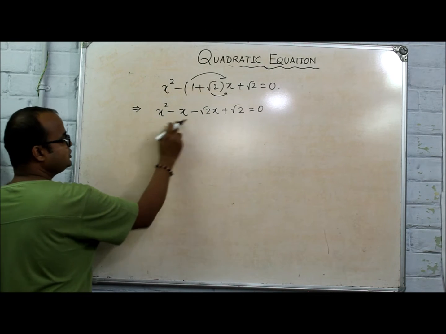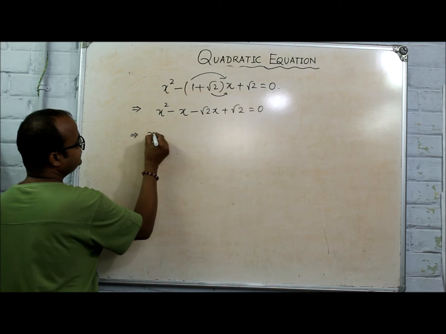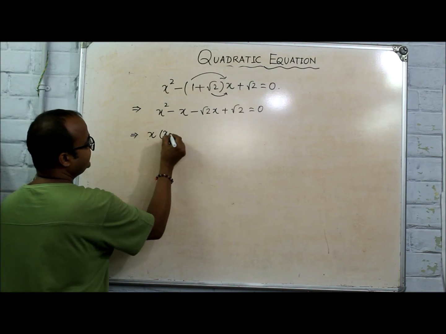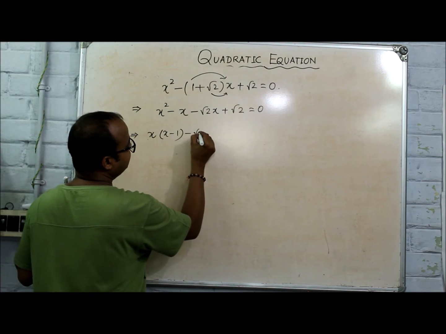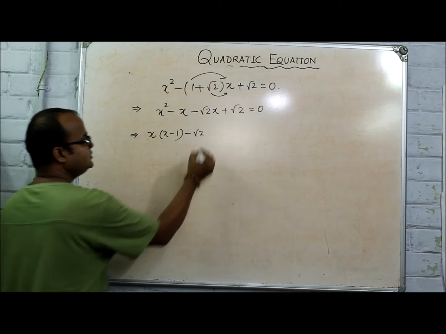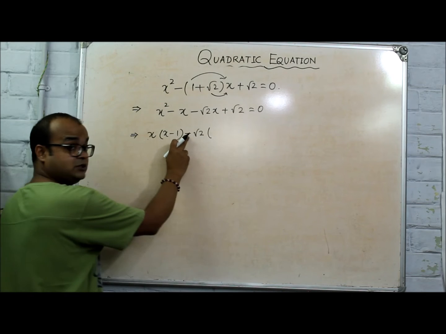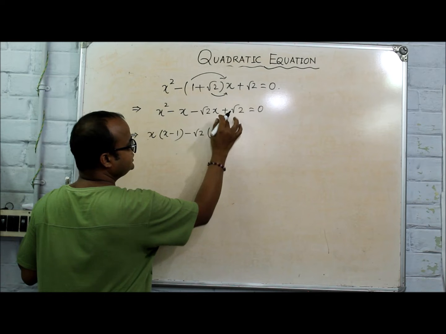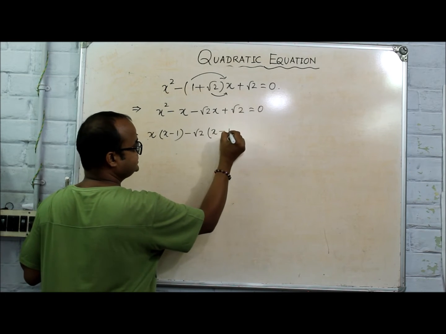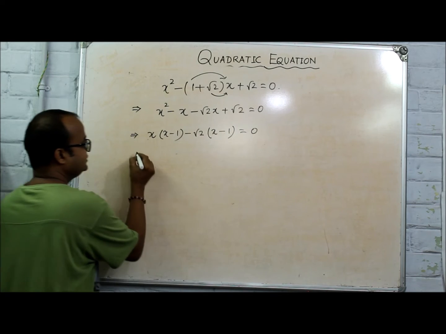Now from the first two we can take x common, so that will leave x minus 1, and from the last two we can take minus root 2 common. So we are taking minus common. Be careful, since we are taking minus common, this sign will change to minus 1 is equal to 0.